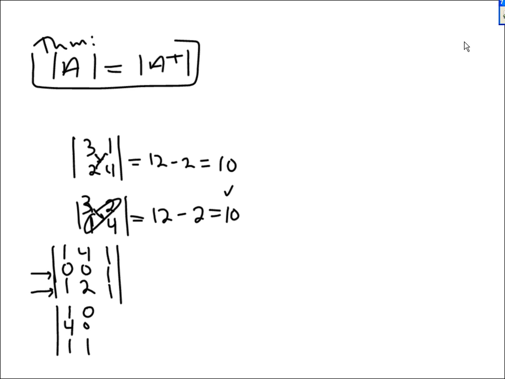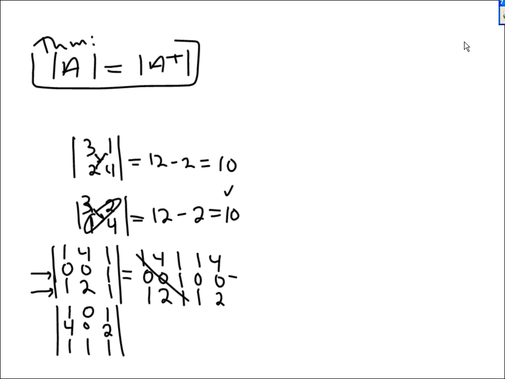And the third row, 1, 2, 1, just becomes the third column. Well, we'll calculate this first determinant, like all 3 by 3s, for now at least. You write them down and you repeat the first column and then the second column.